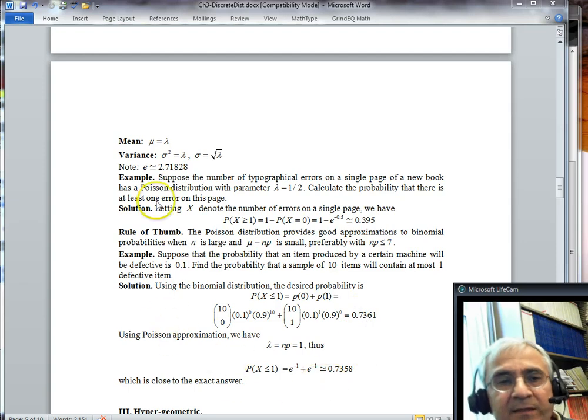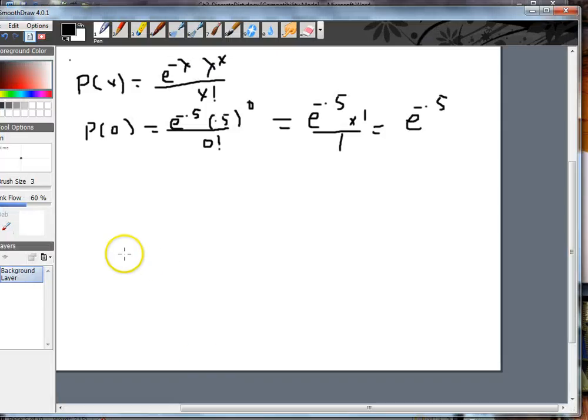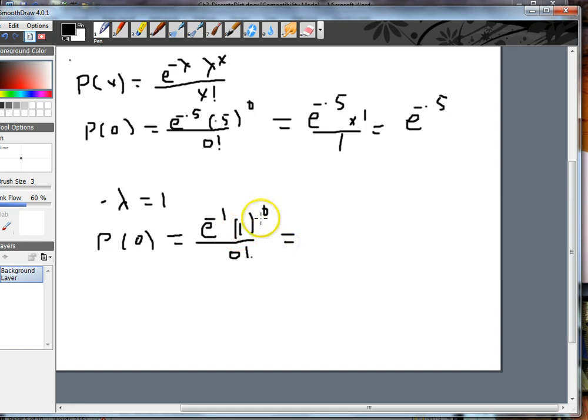Let's see how we use that. Let me go to the tablet. So now in this new example, my lambda is equal to 1, and I want P of 0, which is equal to e to the minus 1 times 1 raised to power 0 over 0 factorial, and of course 1 raised to power 0 is 1, 0 factorial is 1, so that's e to the minus 1.